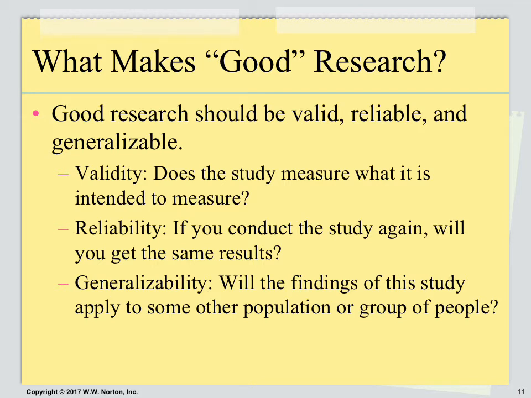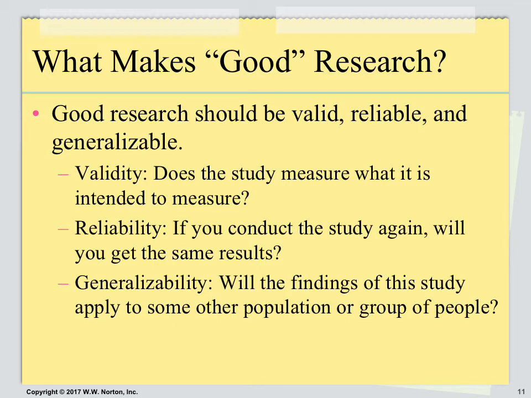Valid kind of means is it true? Is it authentic? Like, is this a valid argument? So in this case, is Moving to Opportunity measuring what it's intended to measure? This study has been conducted for over 20 years, and the longer that sociologists are collecting data from the study, the more authentic and valid it seems to be.